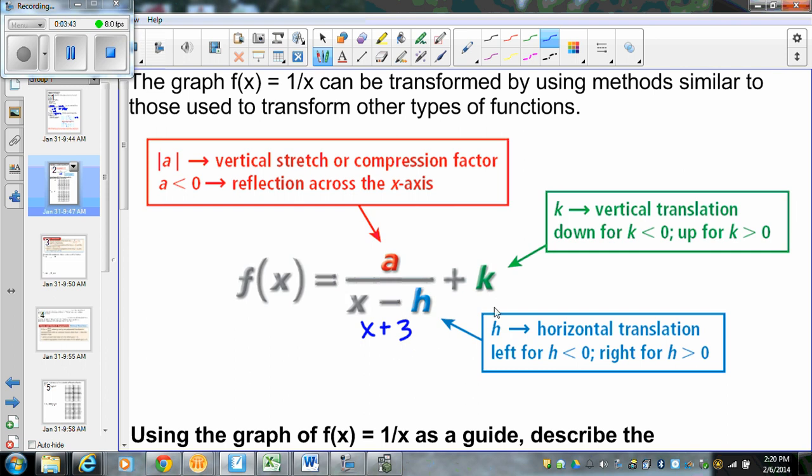We do the opposite because of that minus sign right there. And then outside of the rational expression, you could have plus or minus another constant, and that value k represents a vertical translation, and we do exactly what it says. So if this was a plus 4, then we would take our entire graph and shift it up 4.